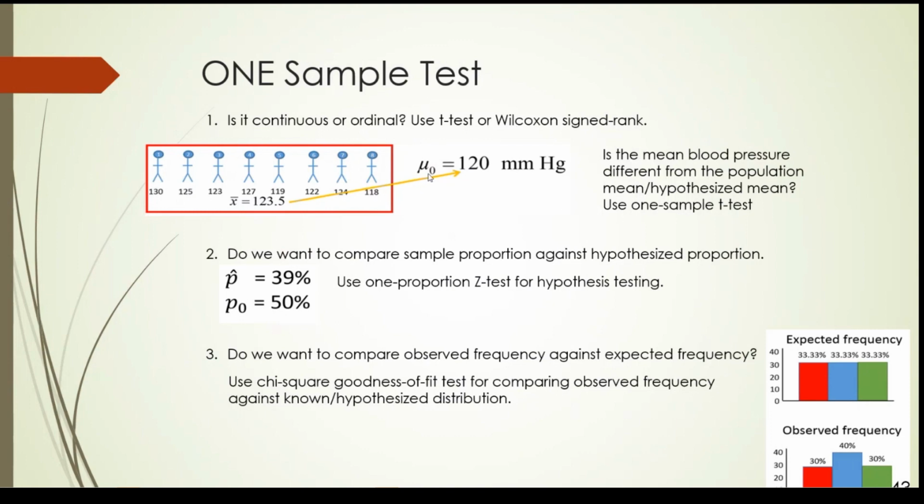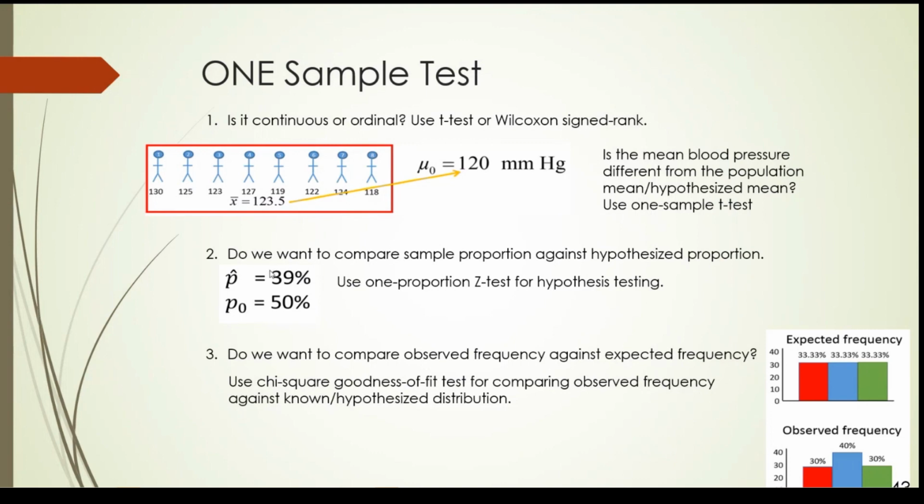So this null hypothesis is the population mean. That means generally we believe this is a normal blood pressure for most people. But when we do the experiment, we find out it's 123.5. So is this 123.5 significant or not as compared to 120?